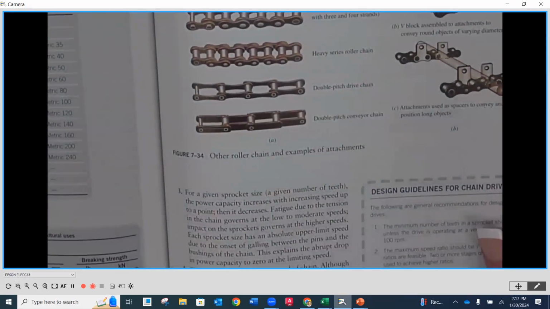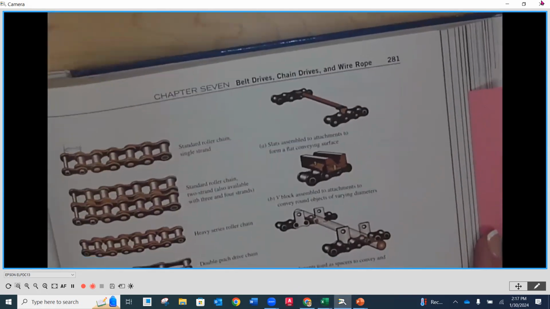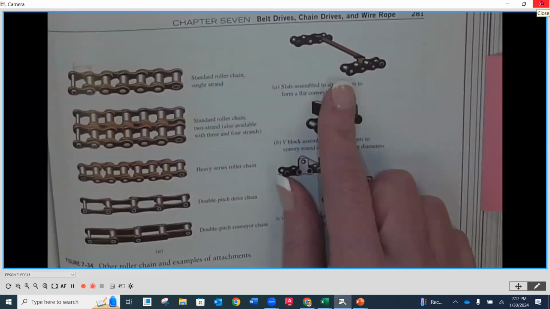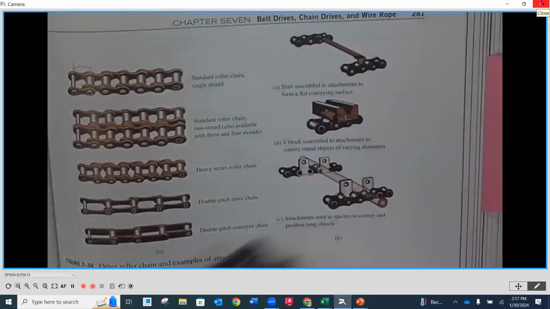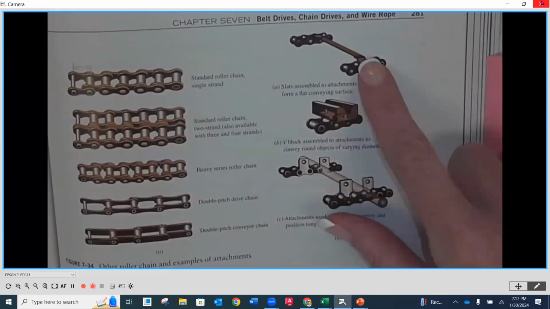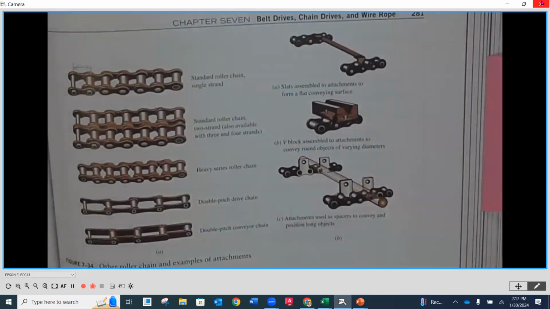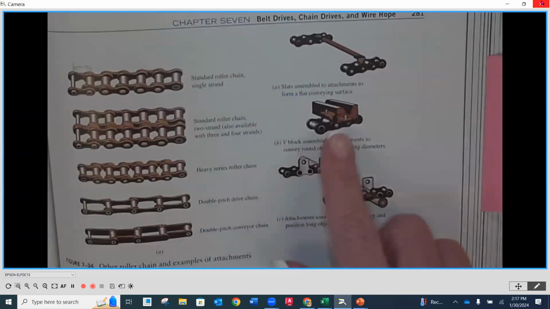And then you'll also notice one of the features of chain is that you can take these side plates and pins apart, and you can design in them different elements to help you move product along. And in this case, you're going to notice it's like a bar. Maybe it's going to move some product along a conveyor or some sort of a platform.